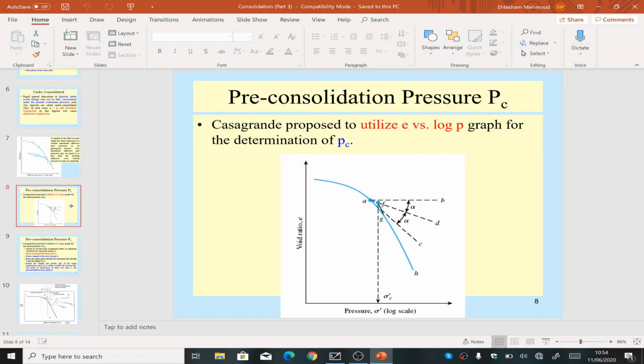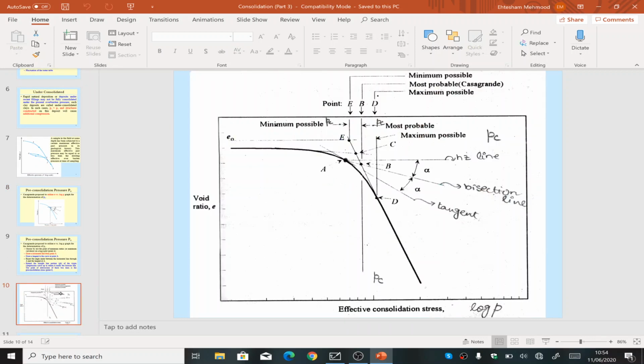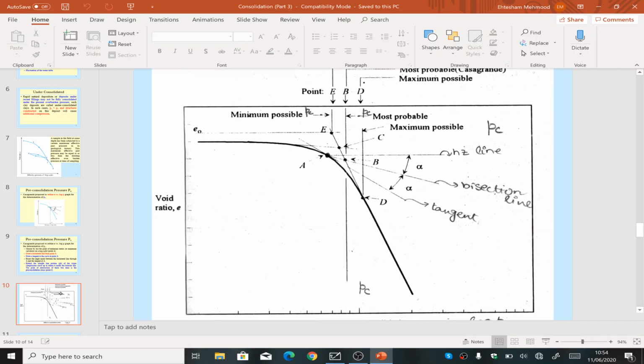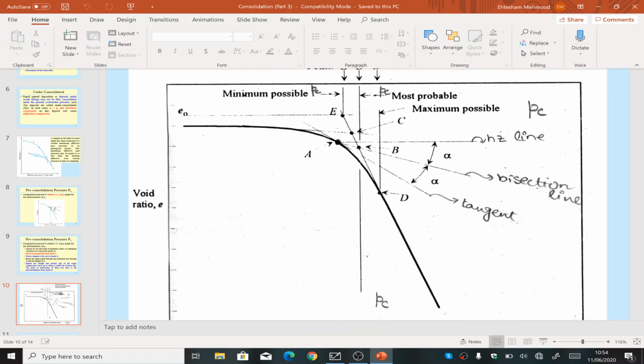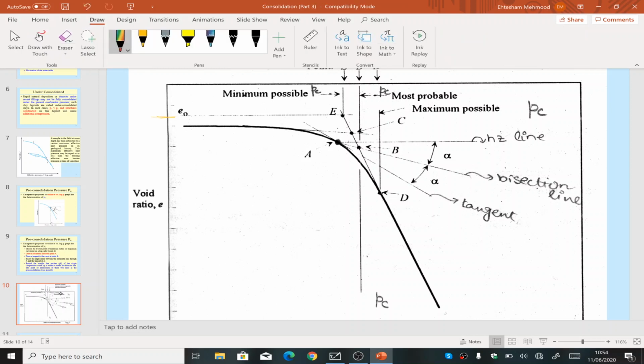This is one method, which we have already seen and discussed. All right, so this is another method. In this method, again we have the e-log P chart, and I'm zooming that up for you. The last method is that you find out e naught for the sample and make a horizontal line.